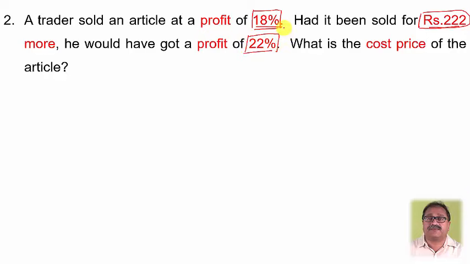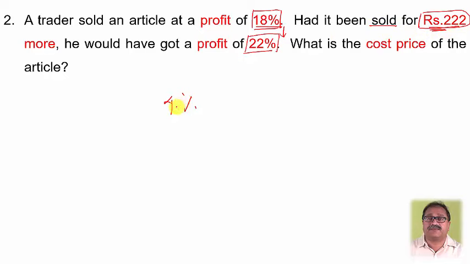So what can I conclude? The profit is increased from 18% to 22%. What percentage increase in profit? It's increased by 4%. The profit is increased by 4% when the selling price is increased by 222 rupees.